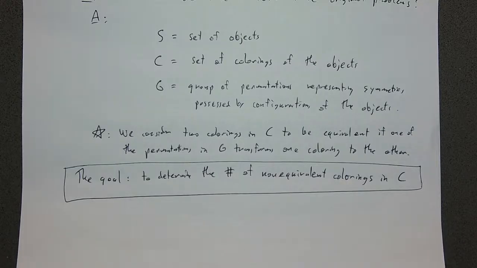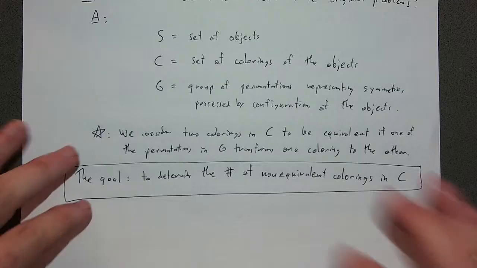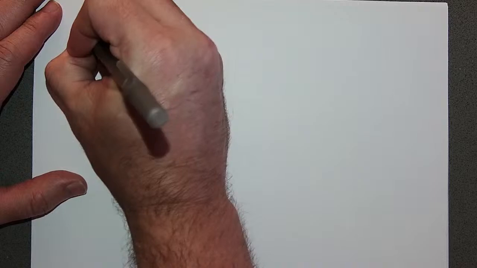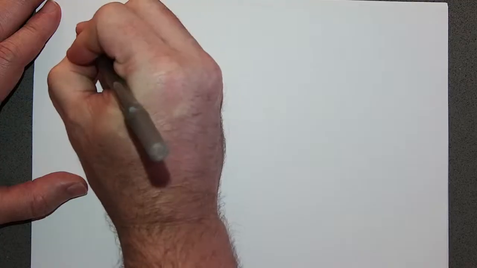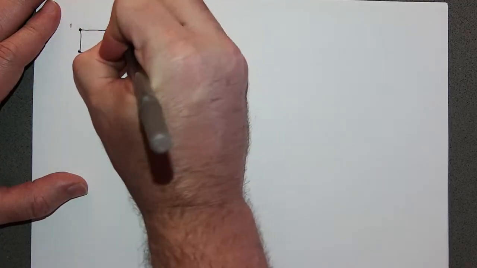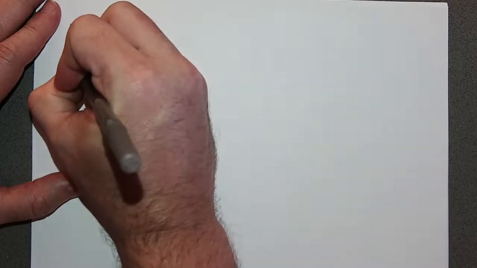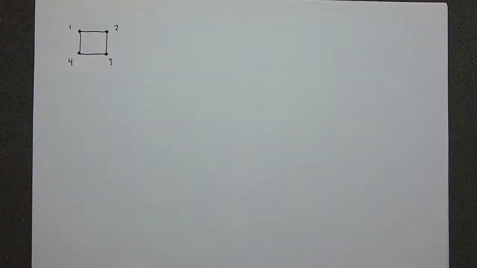Okay, how do we do all of this? Maybe it helps to do a full example again, just because it's small enough. Let's go back to our favorite regular foregon, this square that we've been drawing. I'm going to label it in exactly the same way. So this is the configuration in question.